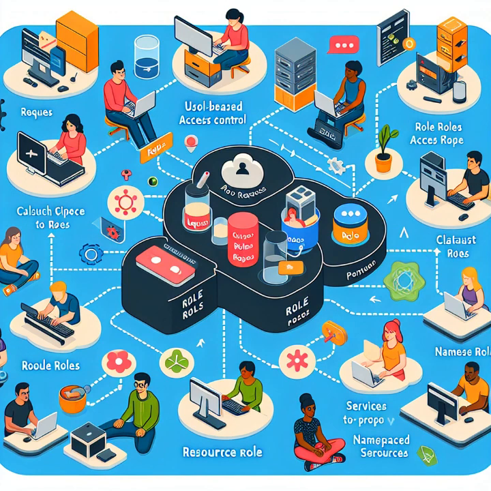RoleRef: kind: ClusterRole, name: read-only, apiGroup: rbac.authorization.k8s.io. Once you have these manifests ready, you can apply them using the command kubectl apply -f filename.yaml, and the cluster role and cluster role binding will be created in the cluster.